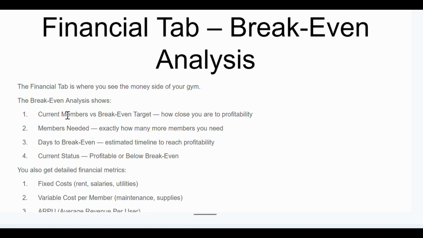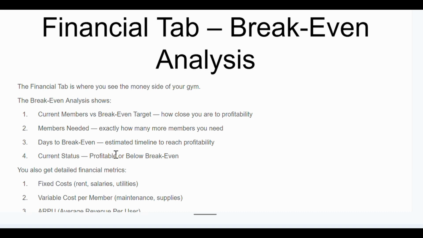Break-even analysis here shows the current members versus the break-even target. How many members do you have currently, and how many members do you need to get to the break even target, which is to become profitable. How many days will you need to break even?